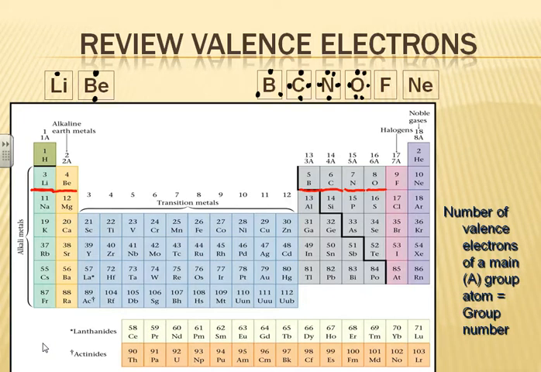Fluorine, 1 more electron, now there's 7, so it goes 1, 2, 3, 4, 5, 6, 7. Neon, neon has got a full octet. 1, 2, 3, 4, 5, 6, 7, 8. Cool.